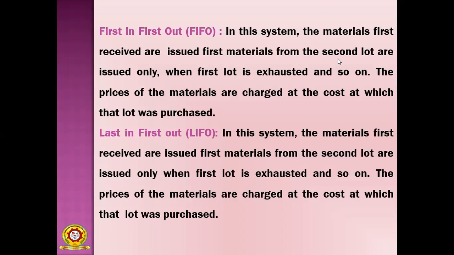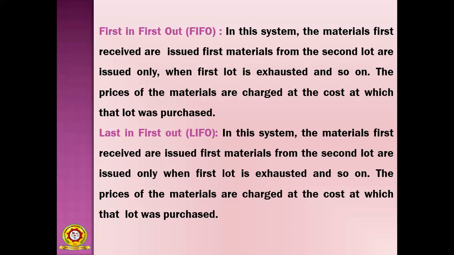This is the job of the stores manager; the storekeeper or store manager sees all these things. When the first lot is exhausted, then only the second lot will be issued. The price of the materials is charged at the cost at which that lot was purchased.